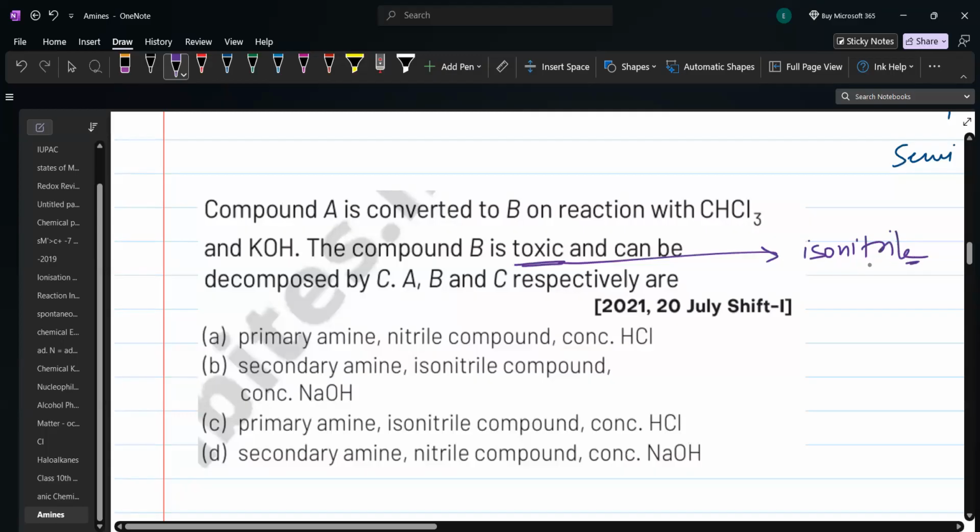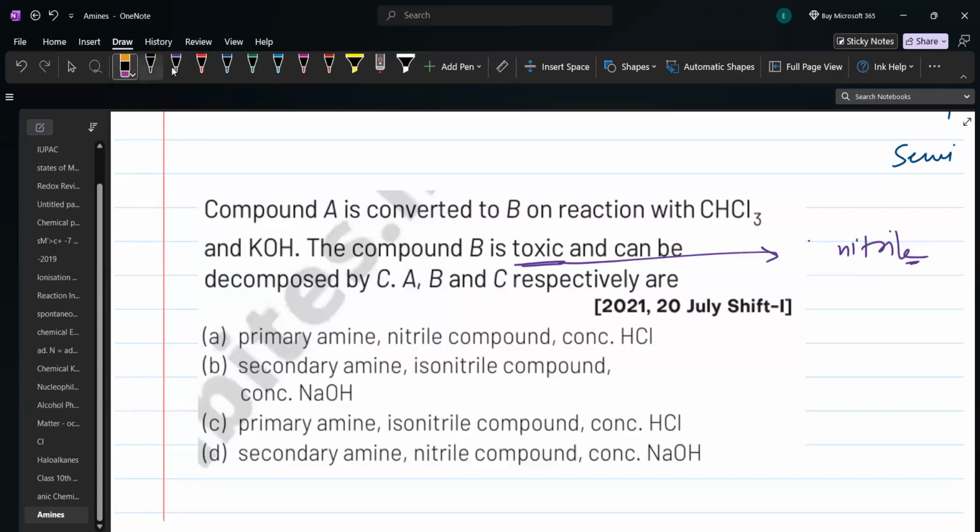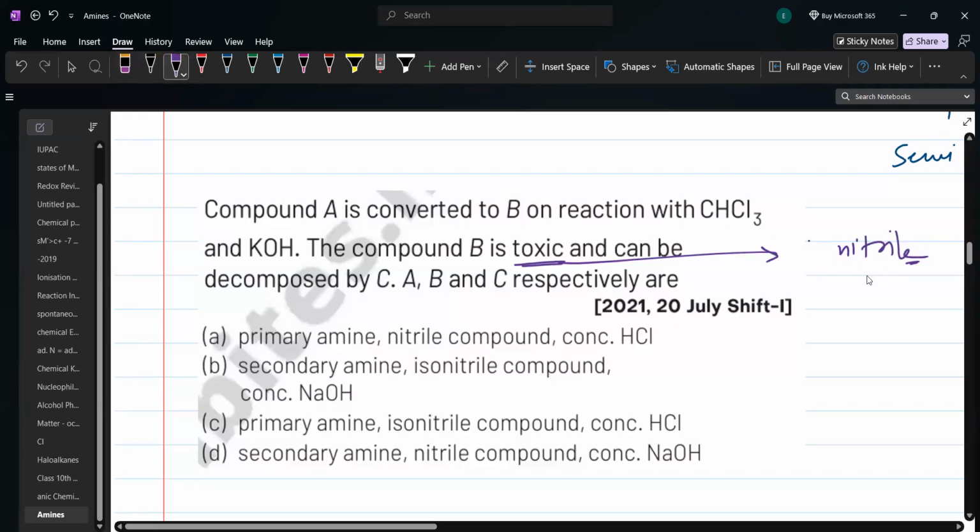Okay, or your nitrile compound. Yes, sir. Nitrile compound. Okay, you understand what is a nitrile compound? Yes, sir. What is it? Any carbon compound with nitrogen, any carbonyl compound. No, this one is the nitrile.